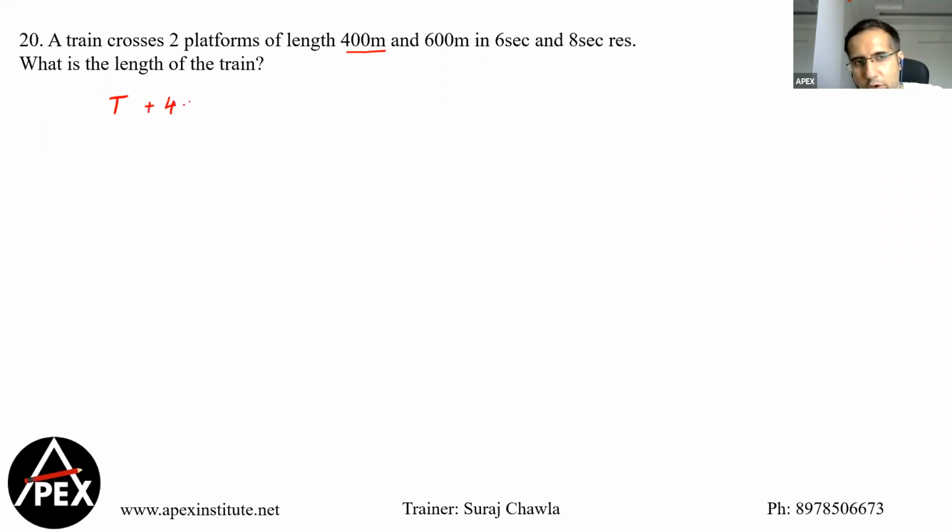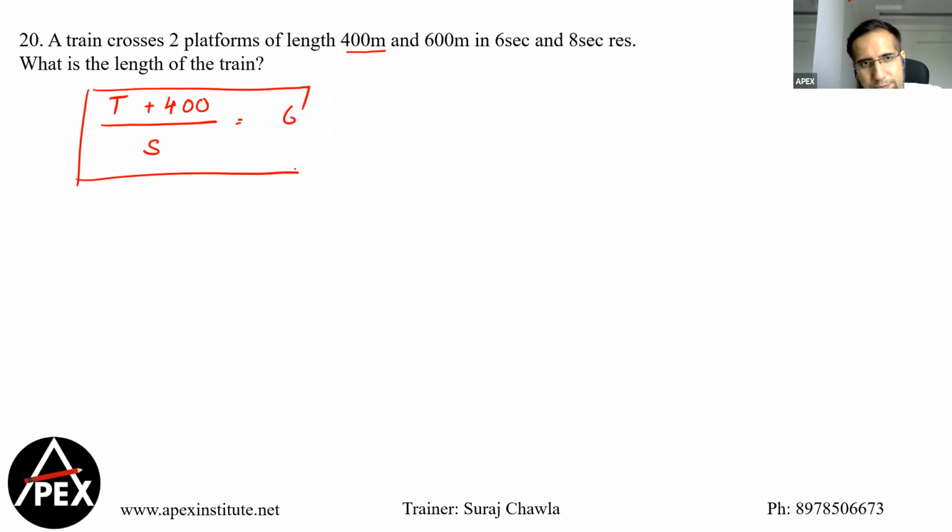So distance is equal to T plus 400. I do not know the speed of the train. Let us assume that it is equal to S. Distance by speed is equal to time taken. So the first equation says that it takes 6 seconds to cross. This is my first equation. Now, the second equation says the same train is now crossing a platform of 600 meters at its own speed in 8 seconds. Now, this is my second equation.